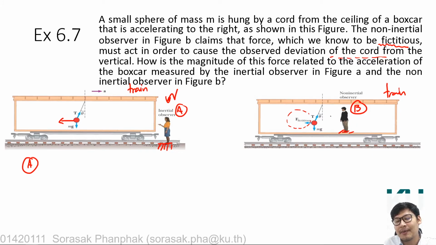He does not feel the acceleration, but he sees another force pulling this object backward. This is called the fictitious force that we observe from the point of view of being on this train that is moving with acceleration.